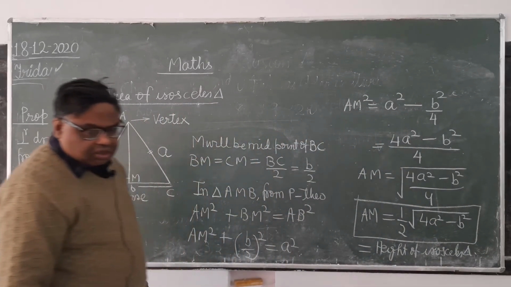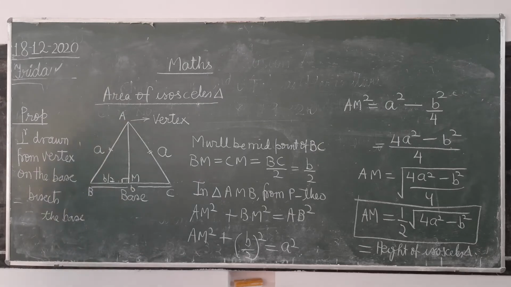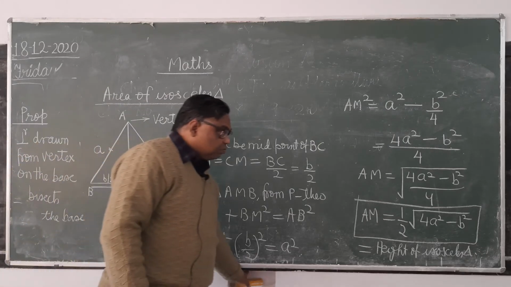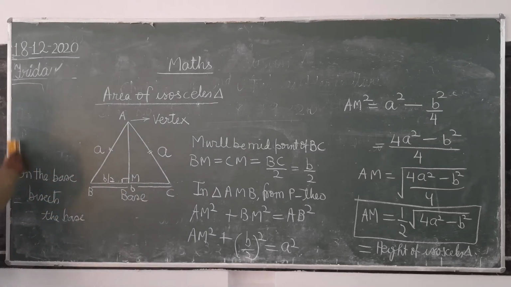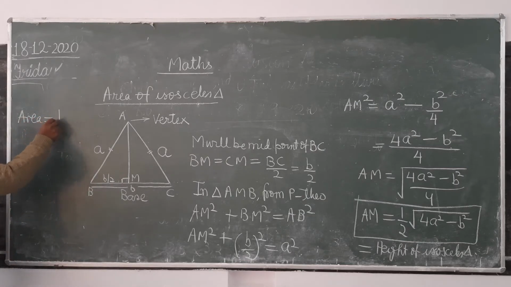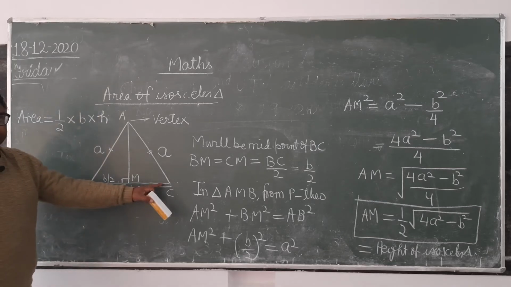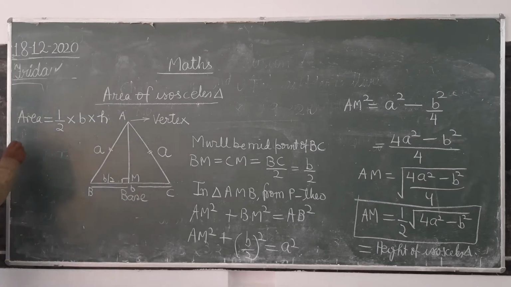Is it clear? Now you can see here, how will you find the area? What is the formula of area? 1 upon 2 base into height. So area equals 1 upon 2 base into corresponding height. Here we have taken BC as base, so height is AM. So it will be equal to 1 upon 2 into BC into AM. What is BC here?